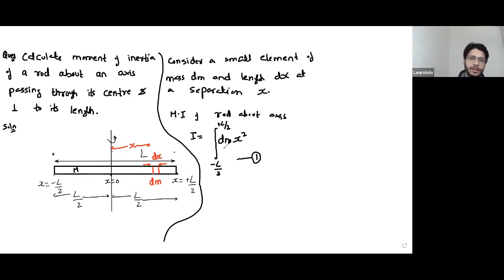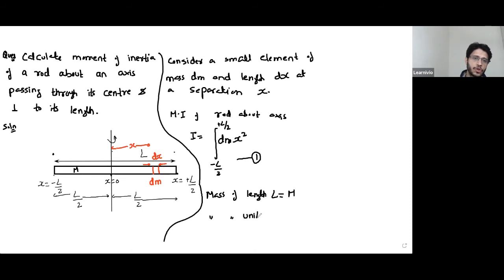So we'll do one thing. We will try to convert this dm in terms of dx. If you remember, we did similar calculations while doing the center of mass of a rod. To convert dm in terms of dx, we can use the unitary method. So we can write, mass of length L of the rod is m.